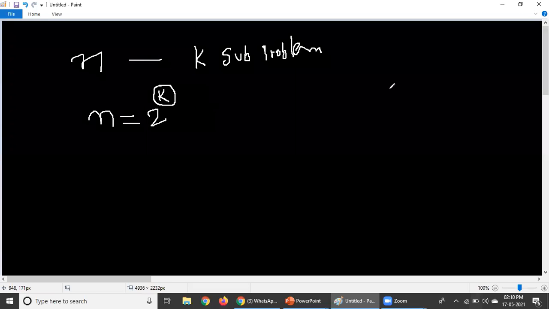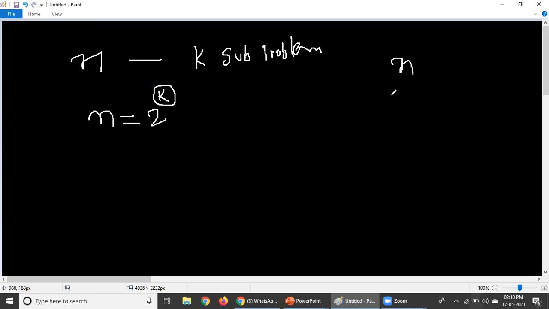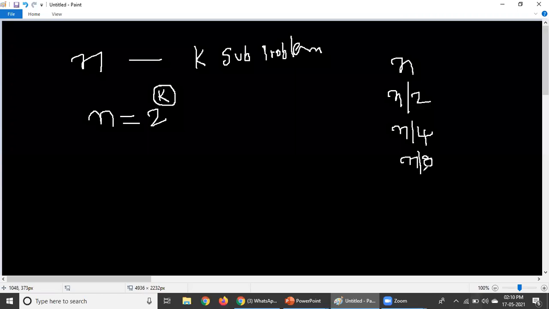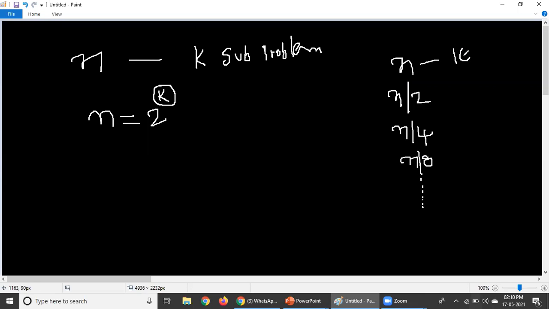2 power k means n will initially be divided into n by 2. In the next stage, n by 2 will be divided into n by 4. In the next stage, n by 4 will be divided into n by 8, and so on and so forth. Here you can understand one particular point. For example, n is equal to 16.